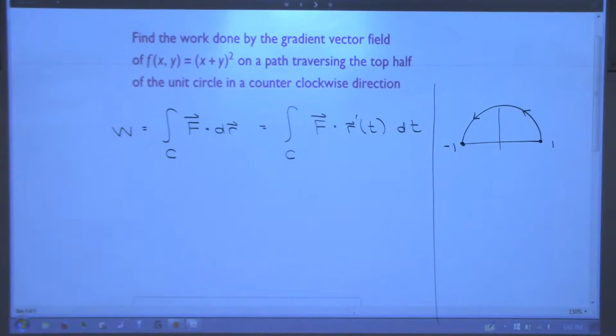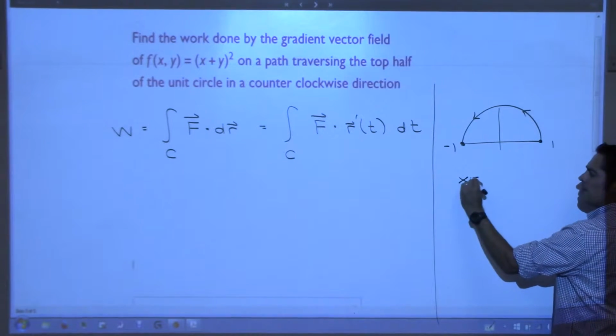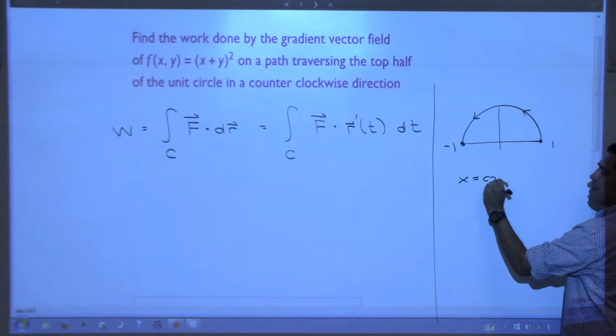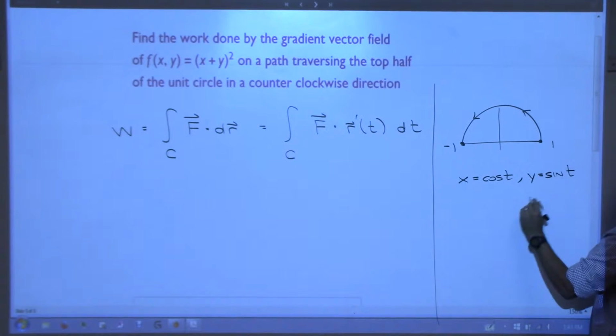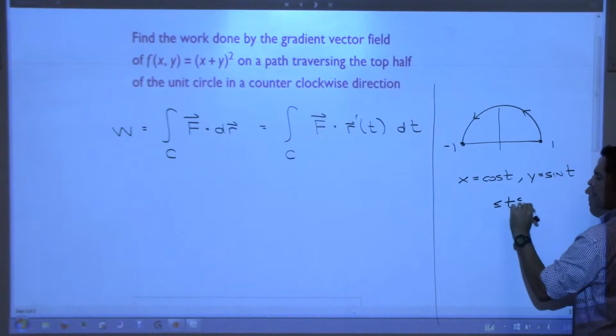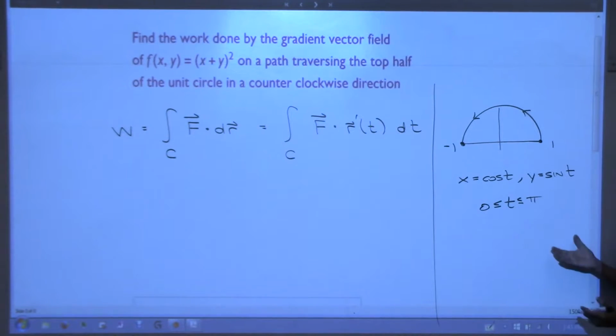Now we've done this, I think, at least twice now. But we always wrote it as parametric equations. So we wrote x as, in this case, cosine t, and y as sine t, and then we'd say t varies between 0 and pi. That's what we did last class.